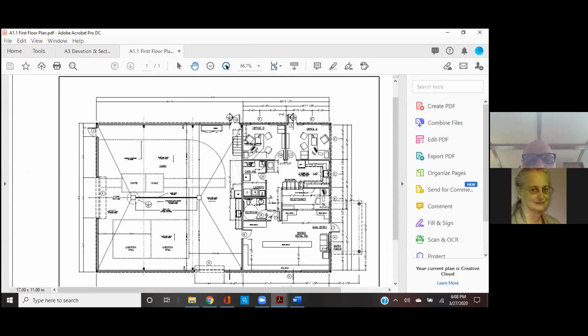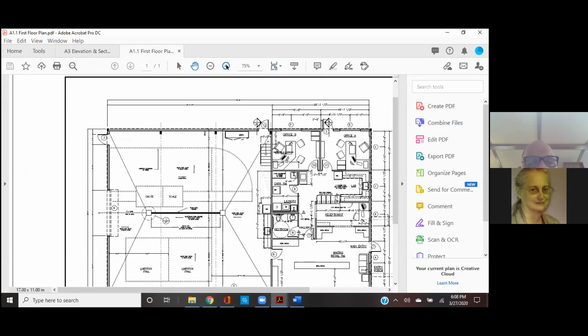We've got 1, 2, 3 bays. Let's say we put 2. Yeah, I'm thinking 2 per bay seems reasonable. So that would be 2, 4, 6 by 6. That would be 36.